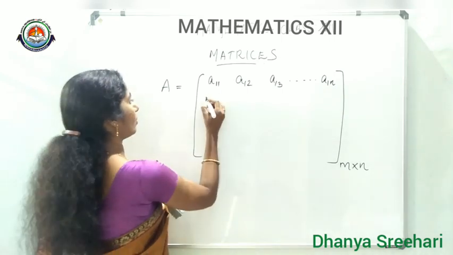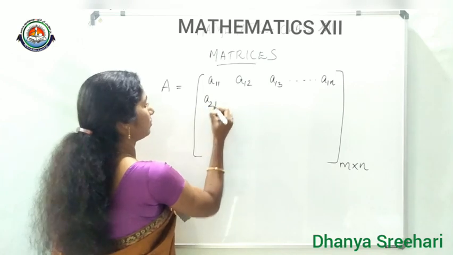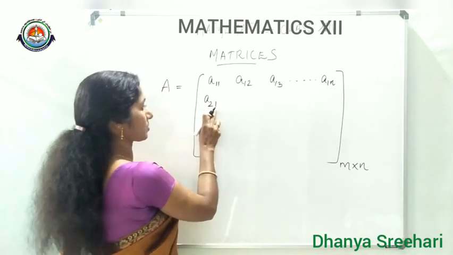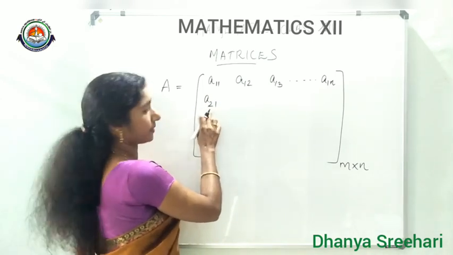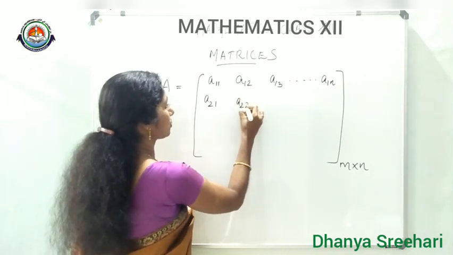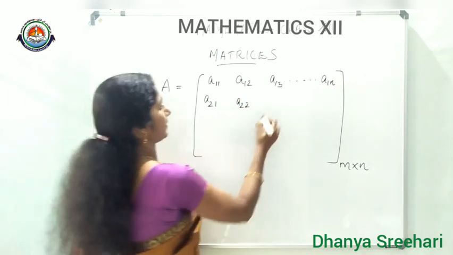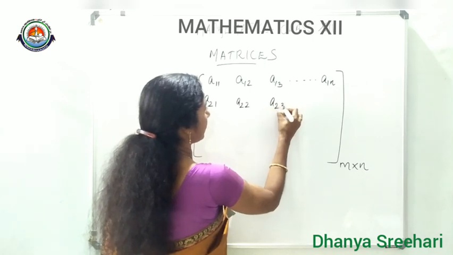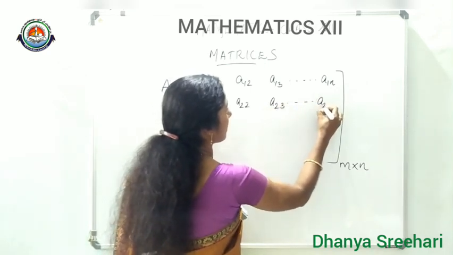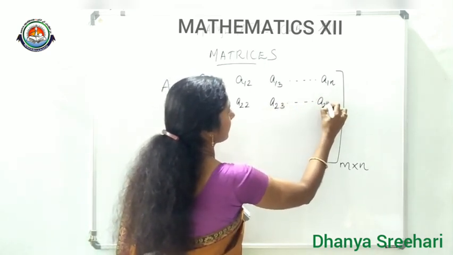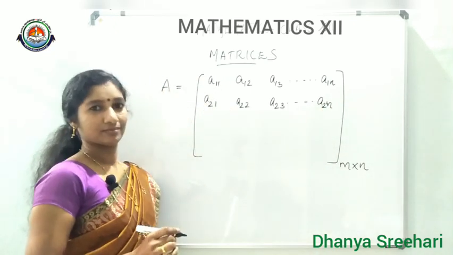And the second row means A21. Second row, first column. Second row's first element. A22, second row, second element. A23, etc. Last element is A2n. Okay.